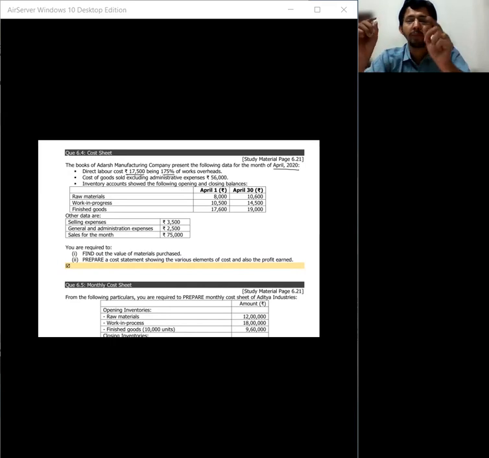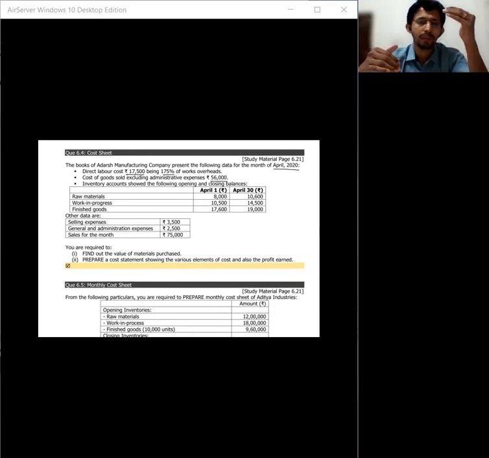So using this information, what can you find out? You can find out the value of X, or the amount of works overhead. Clear? Okay. Now, cost of goods sold excluding administrative expenses is 56,000. So you know that cost of goods sold is computed before considering the administrative overheads as well as selling and distribution overheads, right? So before including these, the cost of goods sold has the format of the cost sheet.